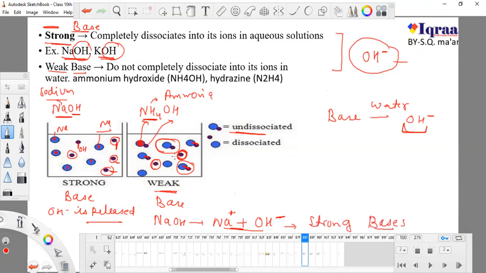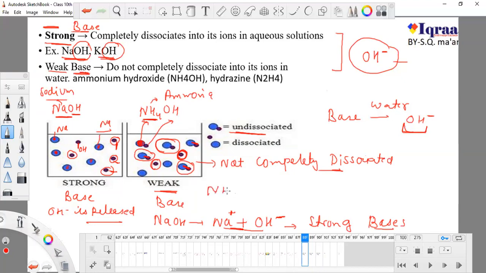Okay, here you can see that they are not completely dissociated; sometimes they dissociate and sometimes they don't, so we can say they are not completely dissociated. So they are known as weak bases. Now how do they work?